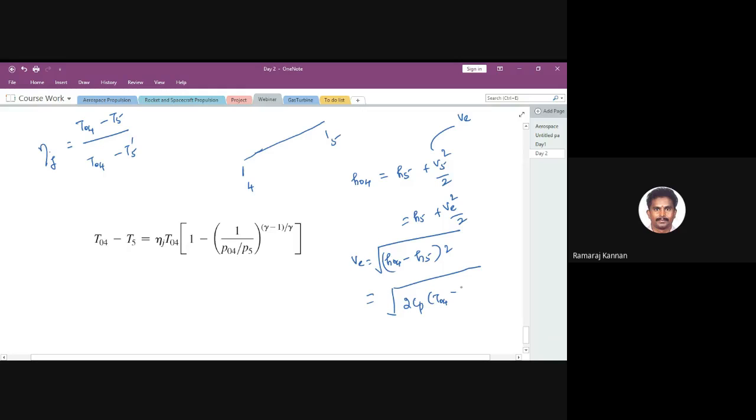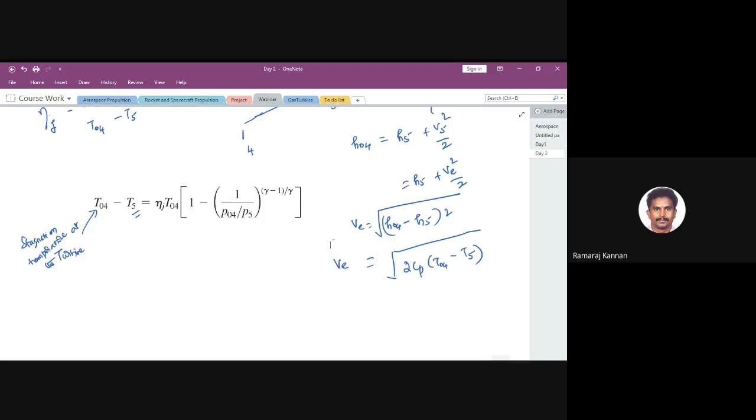For example, T04 is nothing but the turbine exhaust stagnation temperature at the exit of the turbine. If I know that, and if I know my T5, automatically I can find out T04 minus T5.